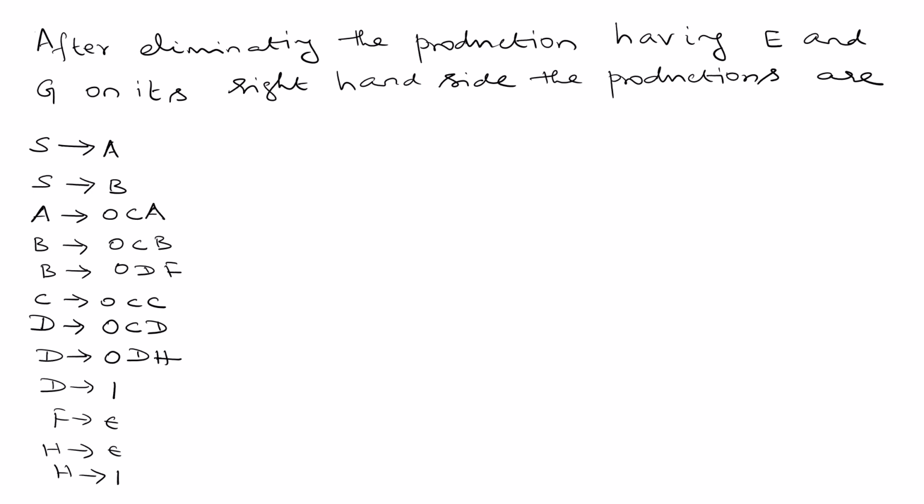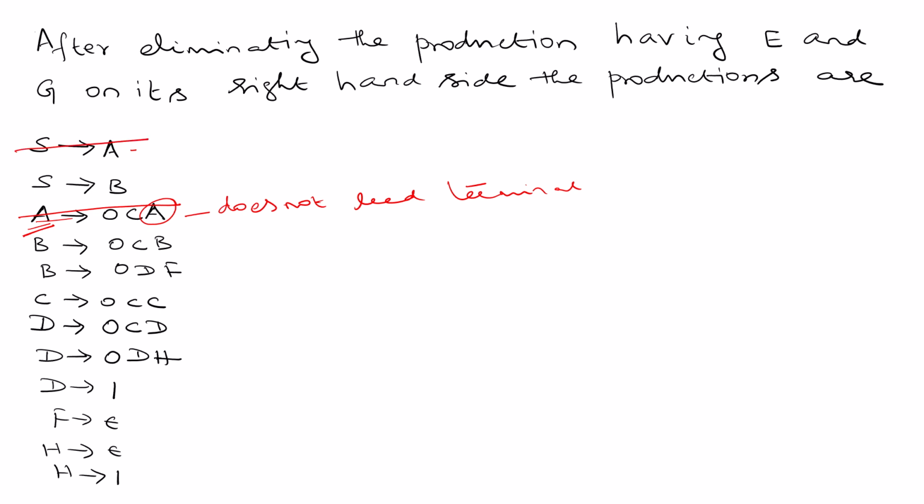So when we take our S implies A, we want to check for the production A. When we take our production A having only one production, and in that production on its right hand side A is again appearing. So this definitely does not lead to a terminal string. So we want to eliminate this production. Since we are eliminating this production, this one is also to be eliminated.